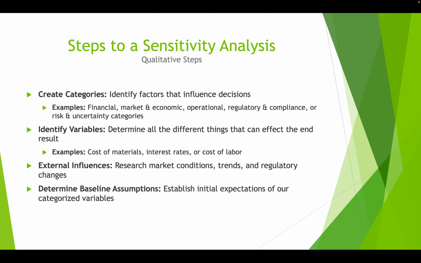Such variables can include cost of materials, interest rates, or cost of labor. Then we consider and research how external influences such as market conditions, industry trends, and regulatory changes may sway outcomes. Lastly, it is important to determine baseline assumptions of how our categories will respond to changes in these variables.